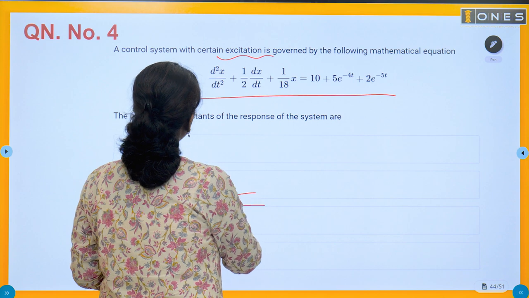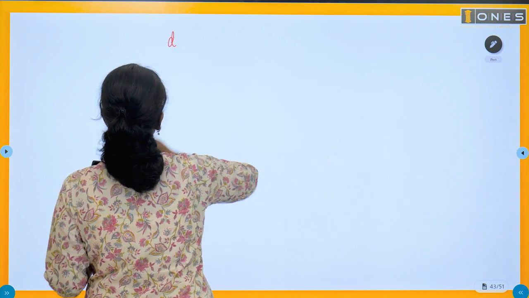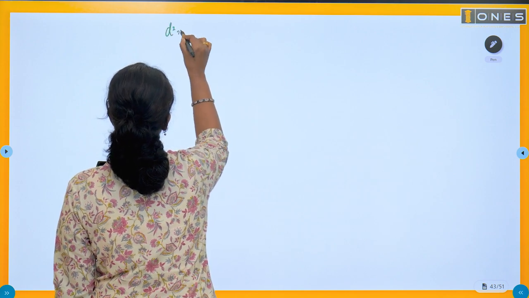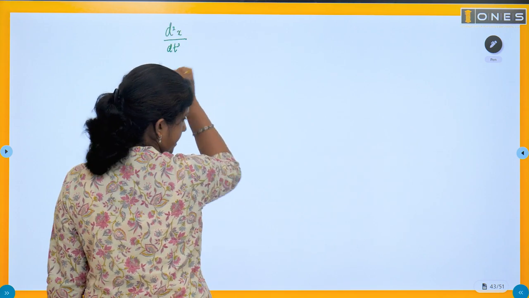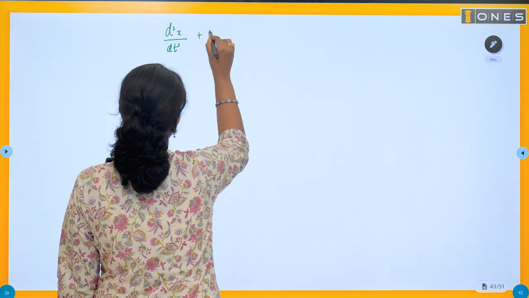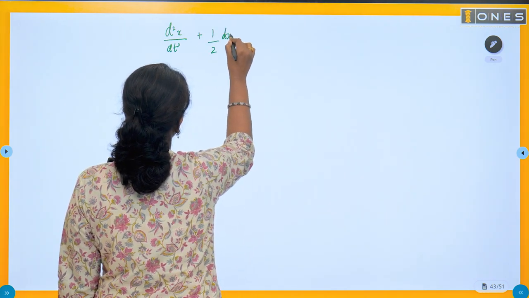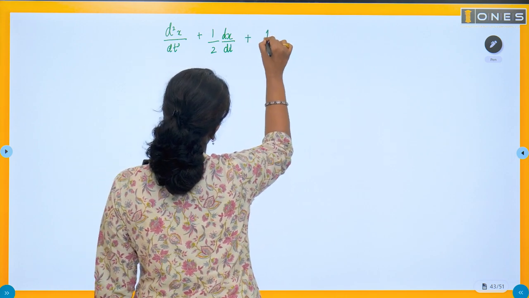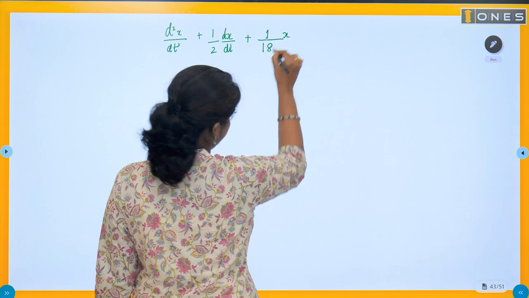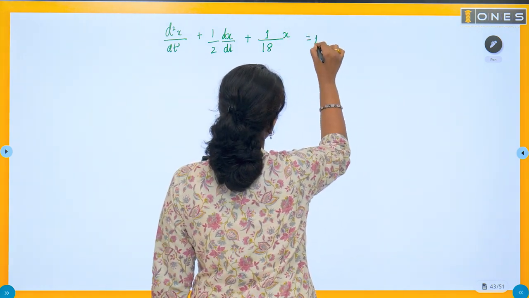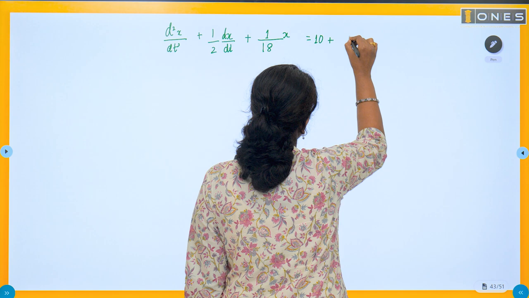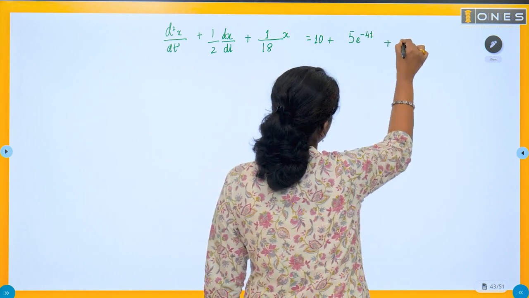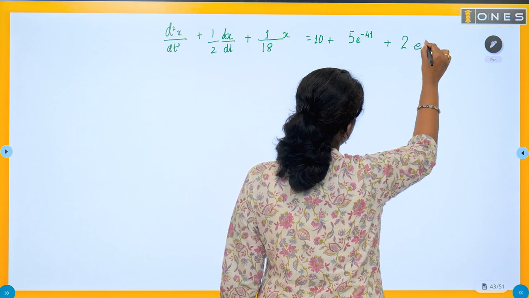We will just solve it. d square x by dt square plus 1 by 2 dx by dt plus 1 by 18 x equal to 10 plus 5 e to the power minus 4t plus 2 e to the power minus 5t.